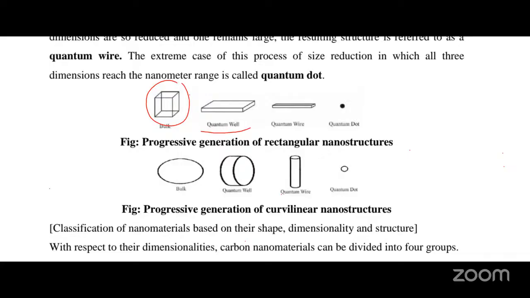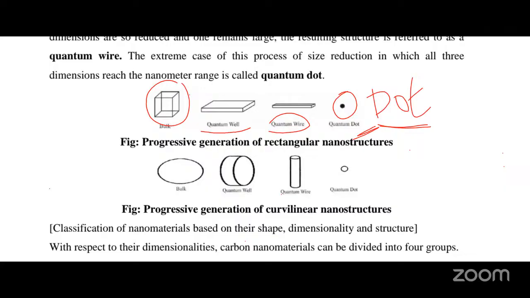If another dimension is also reduced into nano range, we get quantum wires, which are wire type. If all the three dimensions are reduced, we get quantum dots. These are the quantum dots.